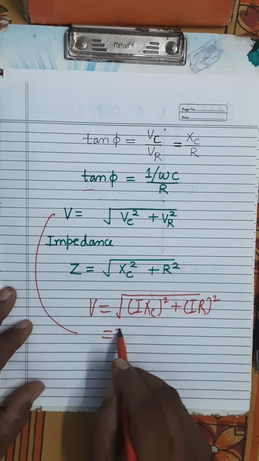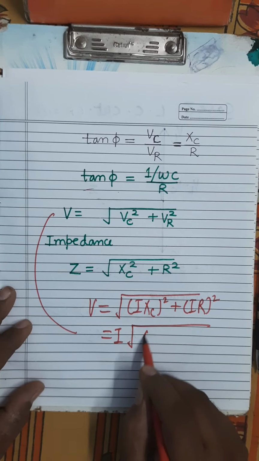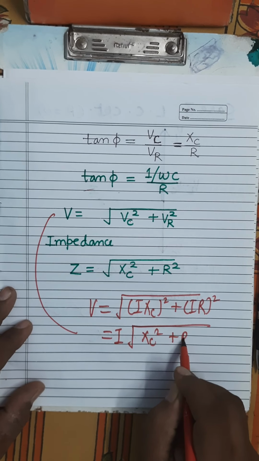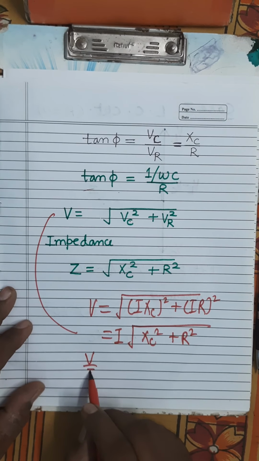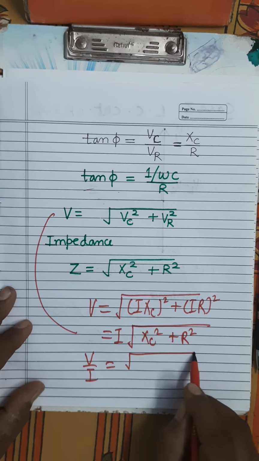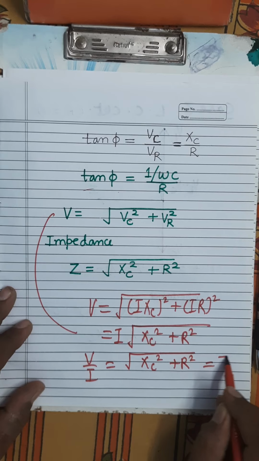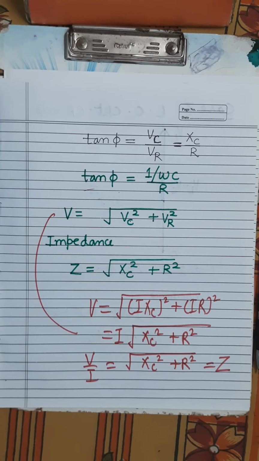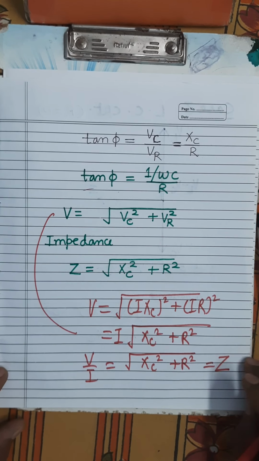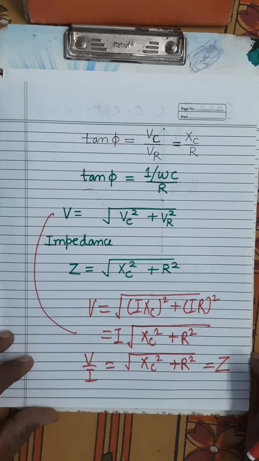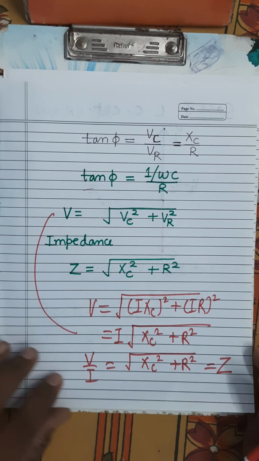When you take I common, it will be XC squared plus R squared. So V upon I will be equal to the square root of XC squared plus R squared. That is Z, the impedance. What will be the unit of impedance? That you know, it will be ohm.